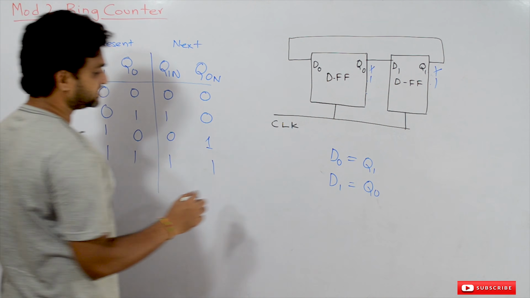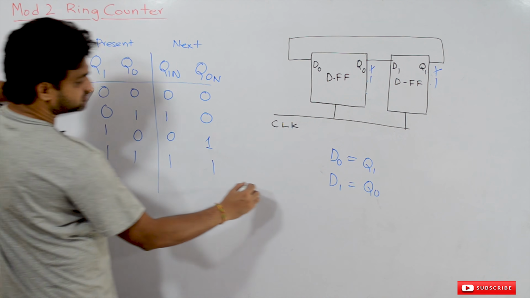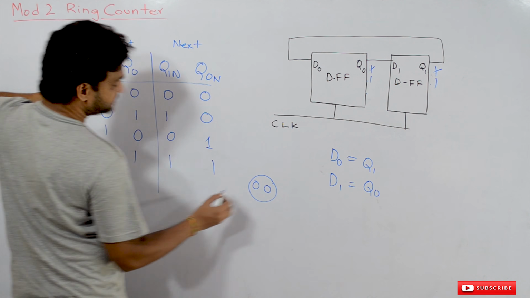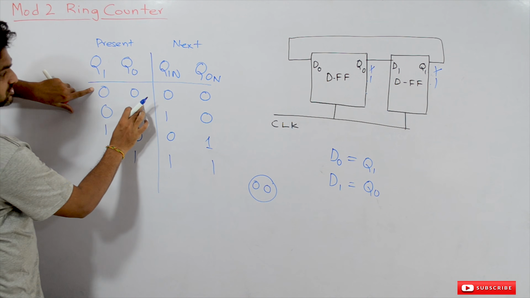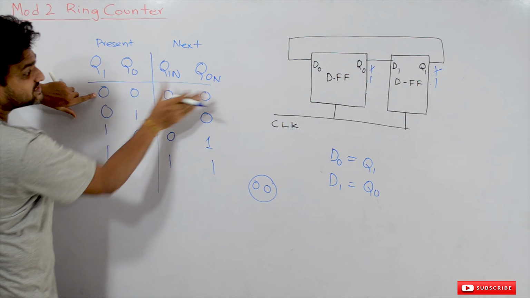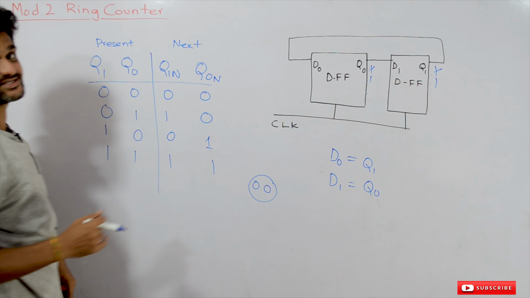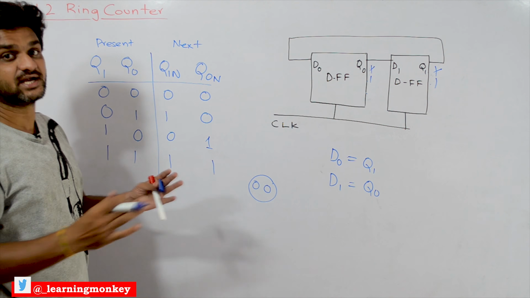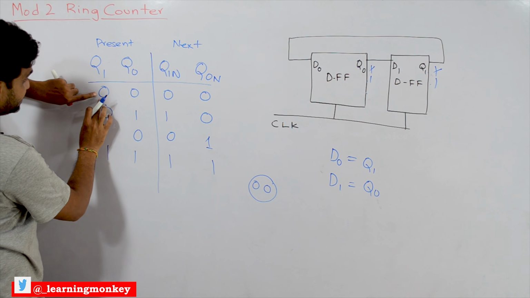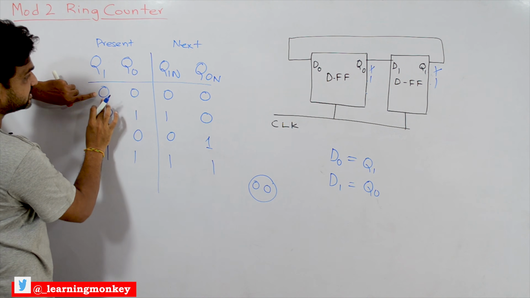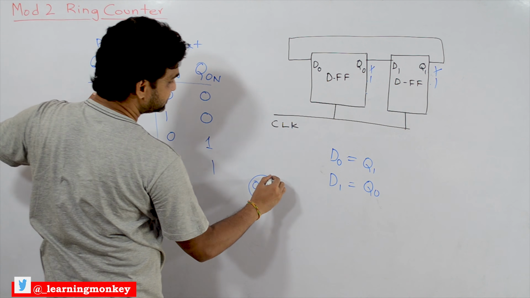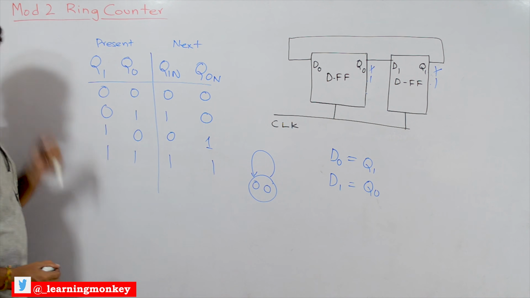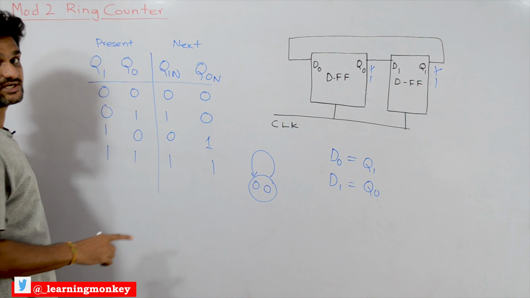Whenever the values of Q0 and Q1 are 0, 0, to which state is the transition happening, what is the next state going to be? That is very important to understand. Whenever the value of Q0 and Q1 is 0, 0, it is going to remain in the same state. So this is how the state diagram has to be represented.